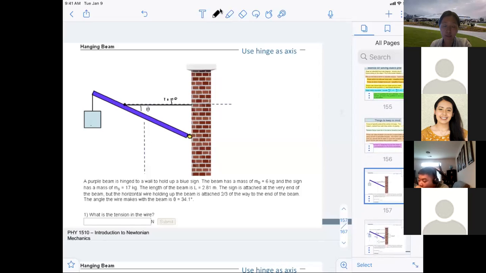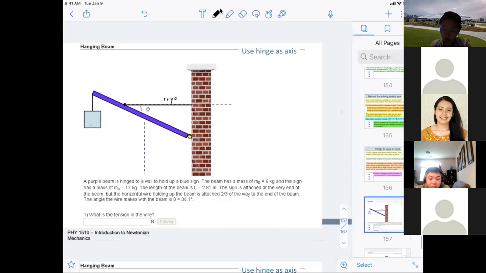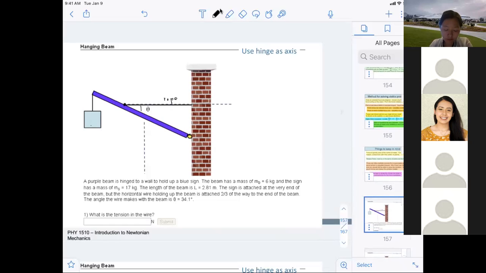You want to find the perpendicular distance at which the force acts so you can calculate the torque. We call that an extended free body diagram, okay? So let's work together to complete this extended free body diagram. Whichever force you can think of, let me know and we will put it on the picture.